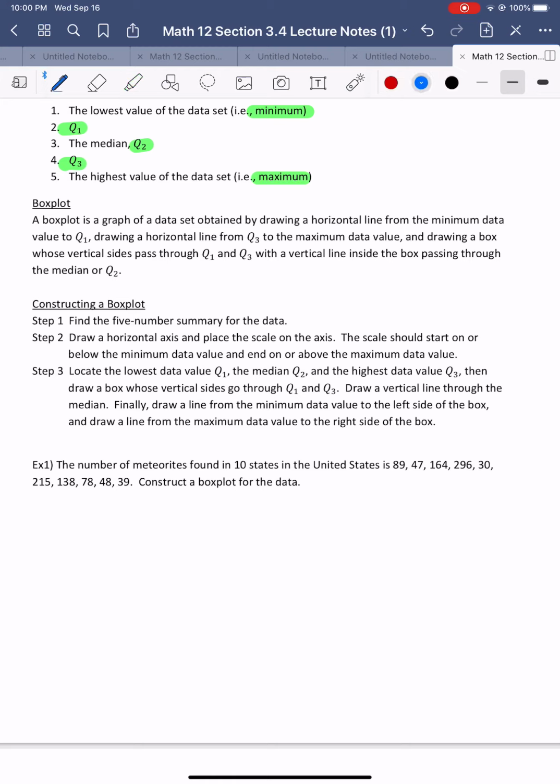So first of all, we need to write these numbers in order, because that's how we can find the order of the things, right?